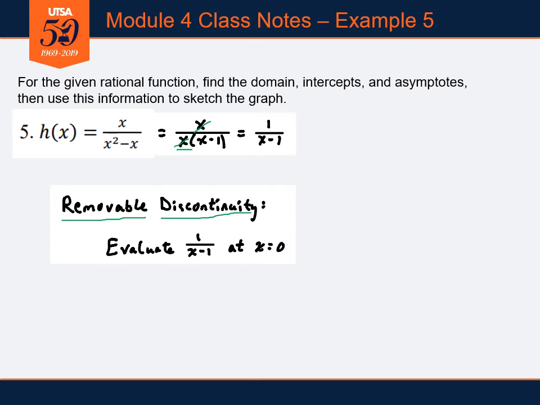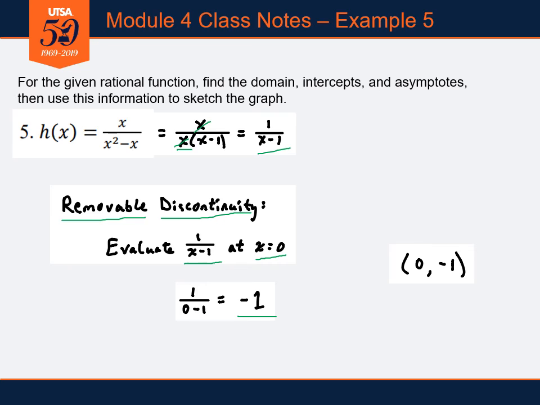To find where that hole occurs, it's the x value 0 that's the culprit here. That x factor that canceled, that's an x value of 0. So we take that x value of 0 and plug it into the reduced function. I get 1 over 0 minus 1, which is -1. So the point (0, -1) is not a point on the graph.